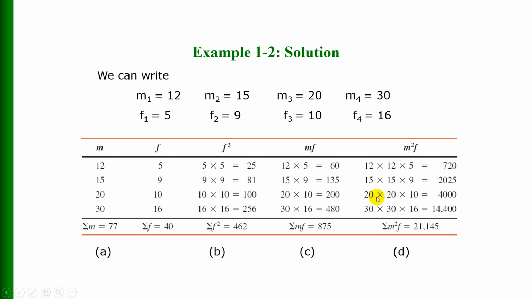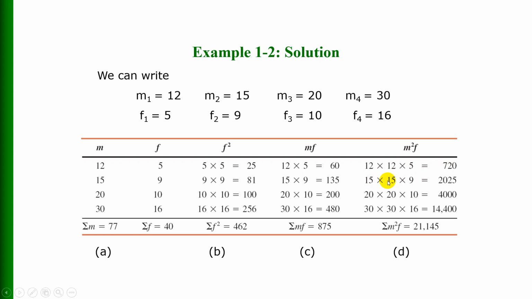Then we come to m square f. Since we need to calculate summation m square f, first we need to have m square. Here is m, so first we square this. 12 into 12 into 5 is equal to 720.